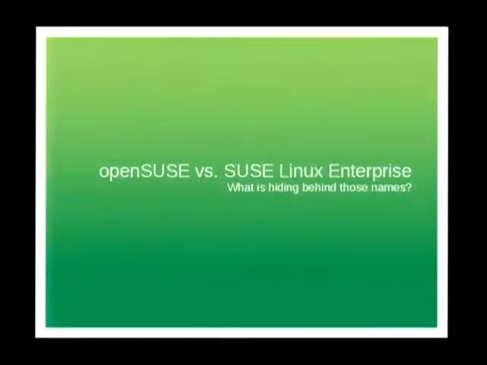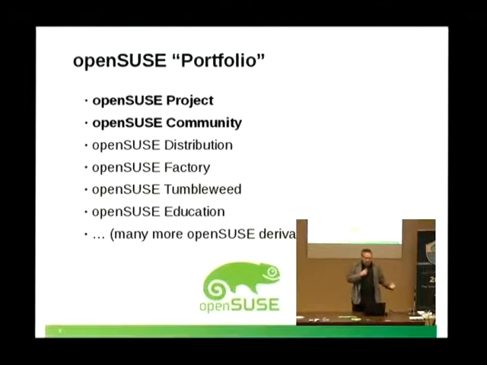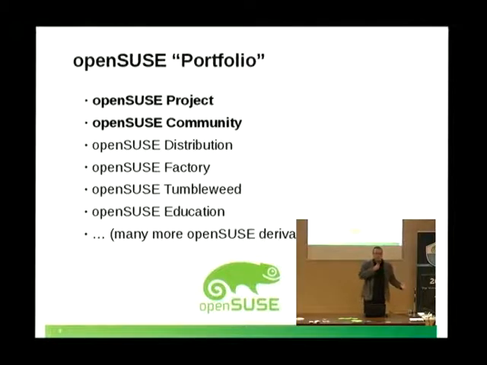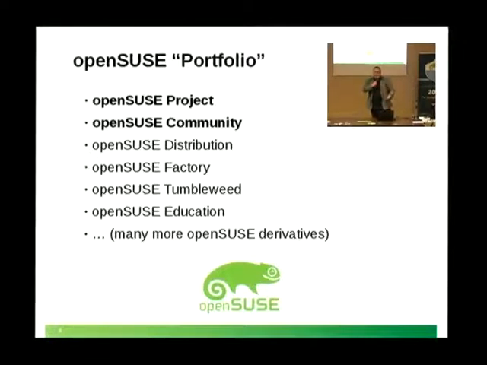So let's first take a little bit of a look at what's behind openSUSE and SUSE Linux Enterprise. Two names that you can basically classify into portfolios. If we are talking about openSUSE, what do we mean if I say I'm an openSUSE member? What this means is I'm part of the openSUSE project, I'm part of the openSUSE community.